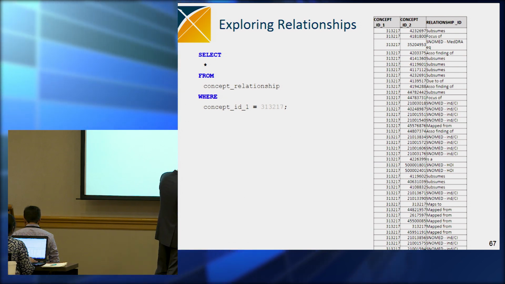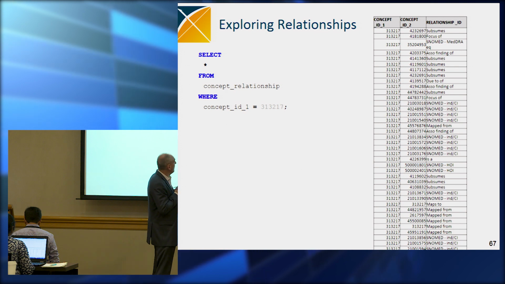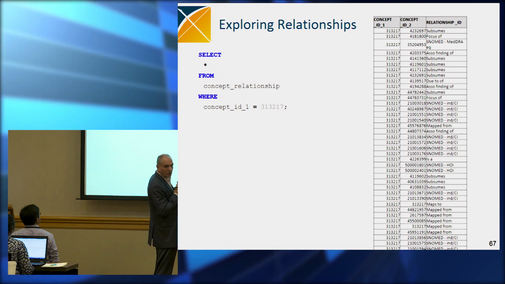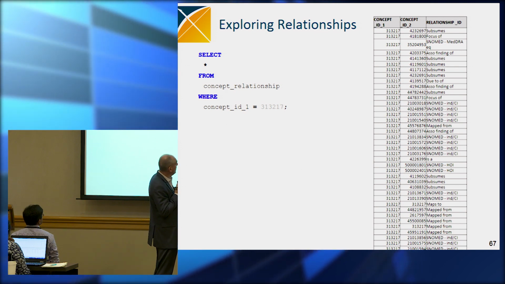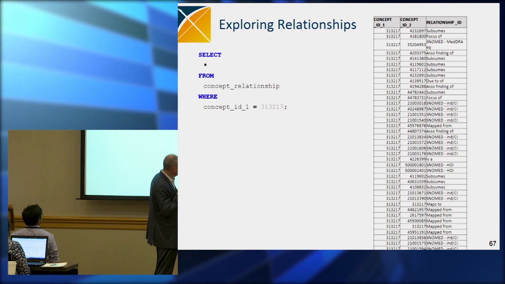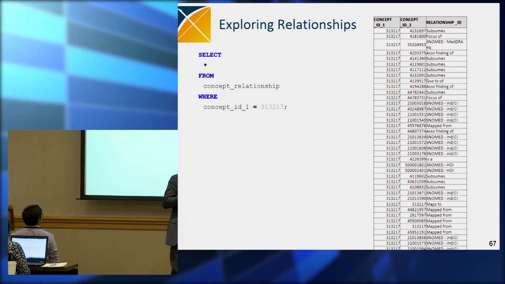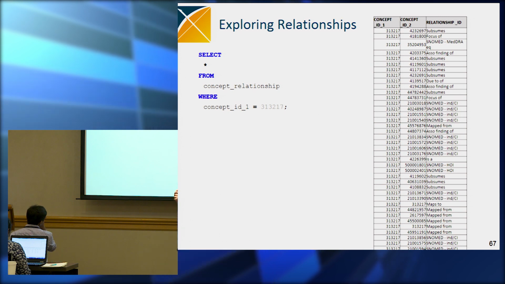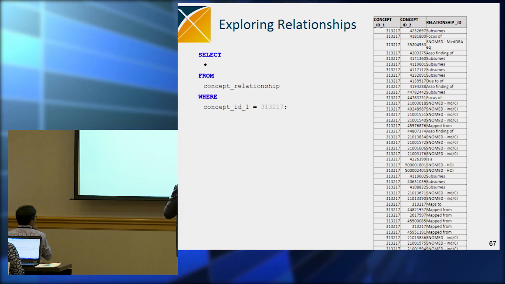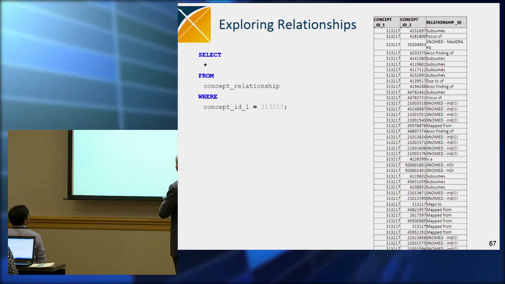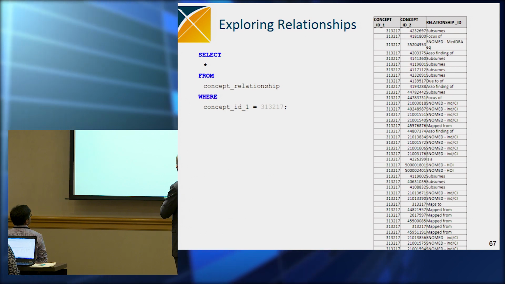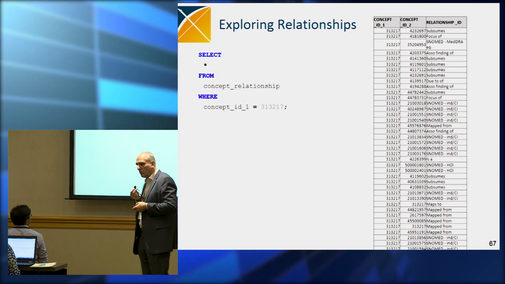And you get the results. These are what the atrial fibrillation SNOMED code has a relationship to, and this is the kind of relationship that it has. So again, if you know all the 6 million concept IDs, you're done. You know what this is, right? You know that this is subsumed. But you don't. So what do we do?